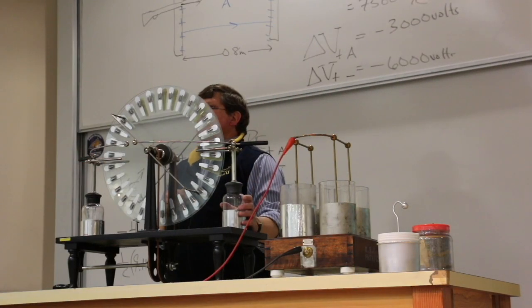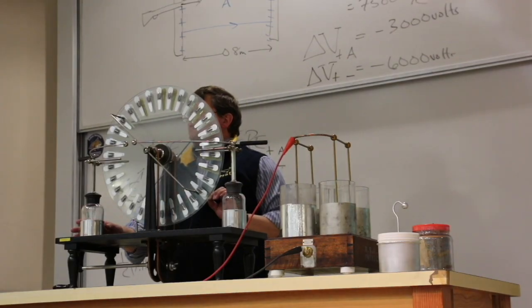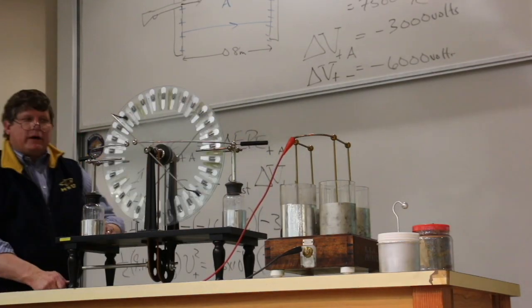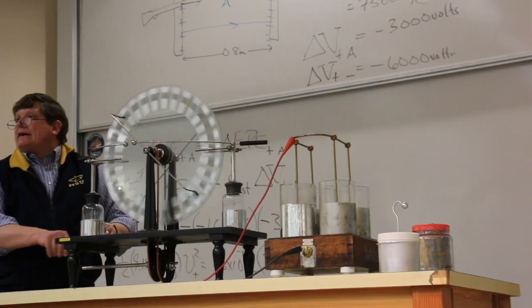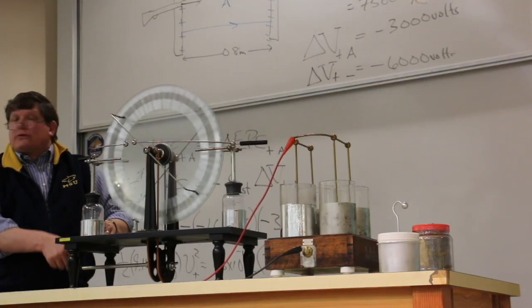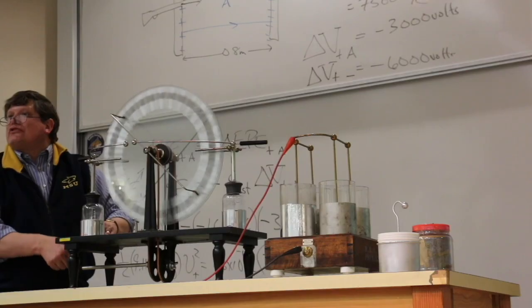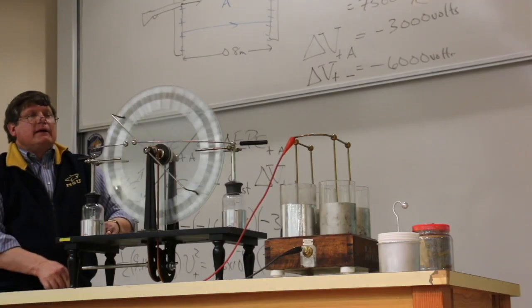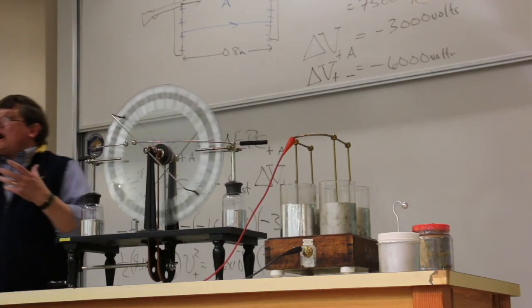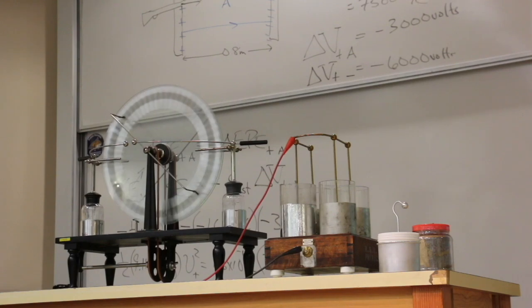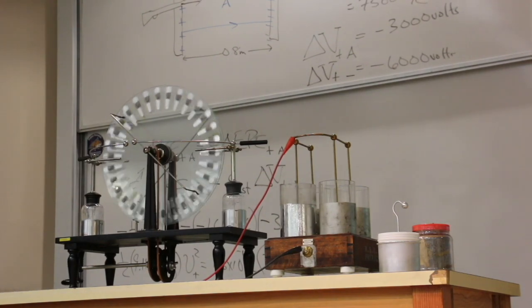It puts negative charge over here, leaving positive charge there when I turn the wheel. We talked about the fact that it takes 30,000 volts to throw a spark through 1 centimeter of dry air. So what I'm doing is I'm storing enough charge to build up the voltage of this thing to 30,000 volts.